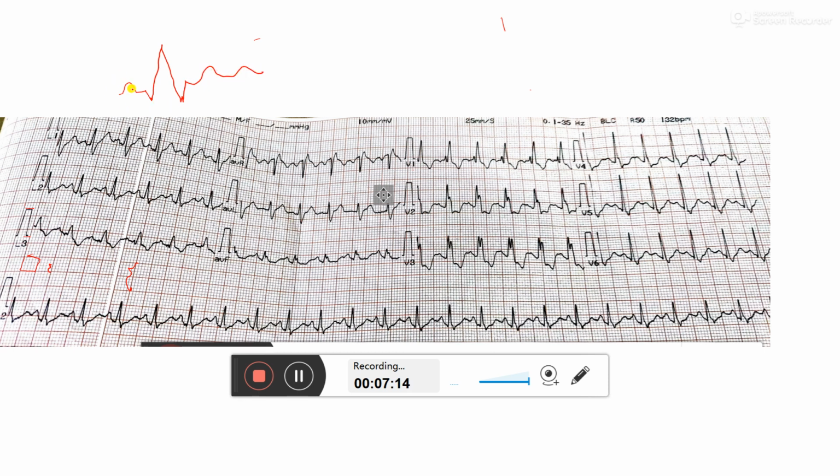So this is the P wave, Q, R, S, T, and U. From the start of P to the start of the QRS is the PR interval, and this is the ST segment. Okay, and this is the J point.